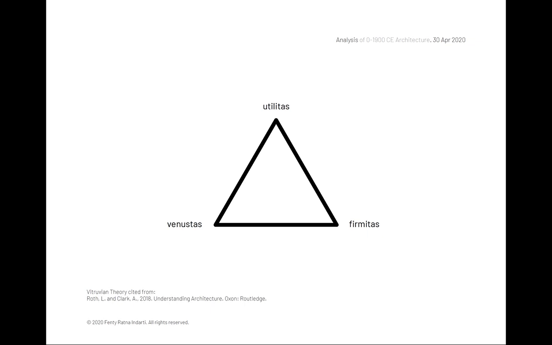It's not only about the three of them; there are more theories about architecture. So we are going to talk about it and try to apply it for the analysis based on your task 1, 2, and 3. The first is utilitas.